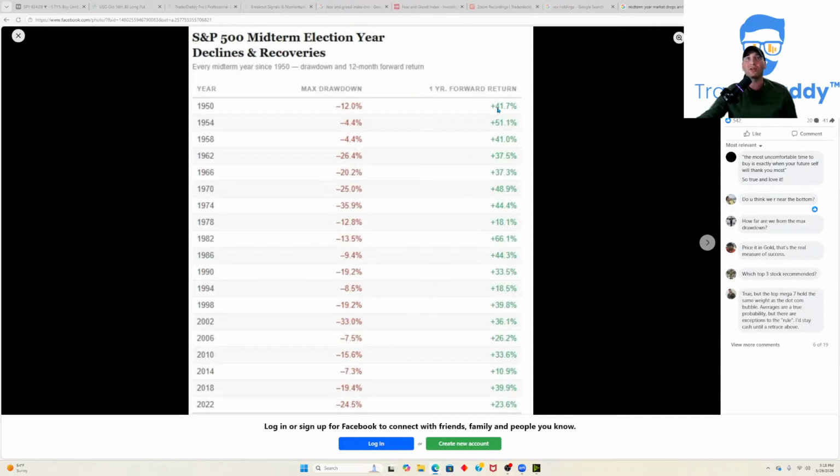But if you look at the returns 1 year afterwards, it's actually astonishing. So I never really understood the panic that people have, because it's going to be the best time to buy historically. I mean, especially given that it's happened every time since 1950.